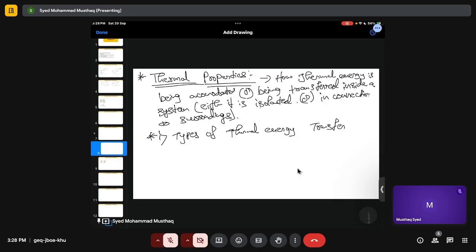And what are the different things that you see? The first one is conduction, the second one is convection, the third one is radiation.